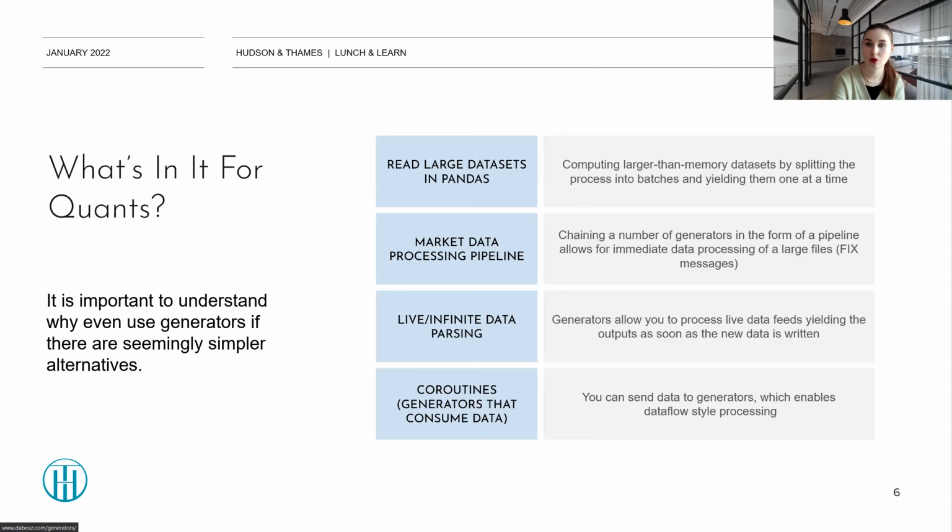So for example, if you're using some type of alternative live data feed, it's very comfortable to have a generator function that will be listening to your data feed, the new file or new log where it's written, and just constantly updating and returning you new processed values as soon as they are written in the live source.